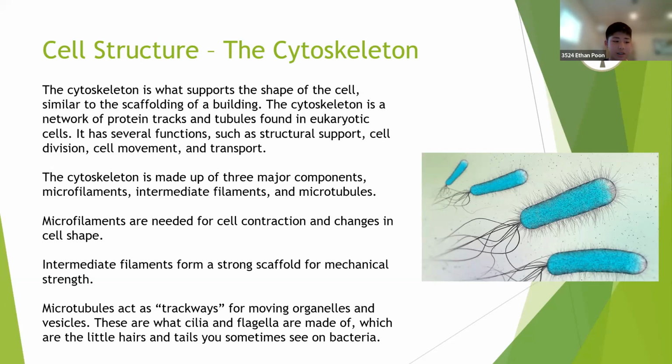So the cytoskeleton is basically a network of protein tracks and tubules found in eukaryotic cells. It has several functions such as structural support, cell division, cell movement, and transport.